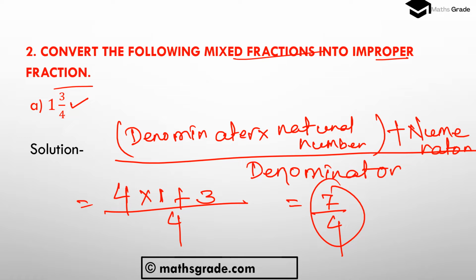And 7 divided by 4 is an improper fraction whose numerator is 7 and denominator is 4. 7 is more than the denominator 4. So converting the mixed fraction 1 and 3 divided by 4 into an improper fraction gives 7 divided by 4, which is an improper fraction.